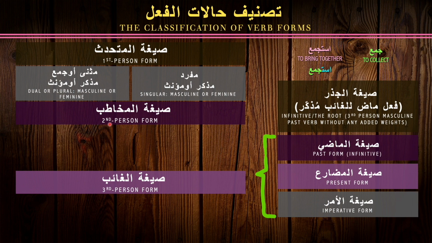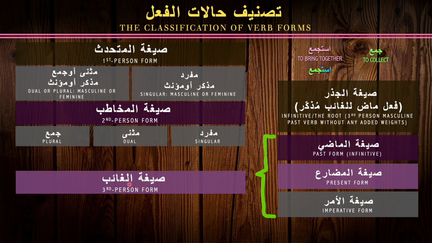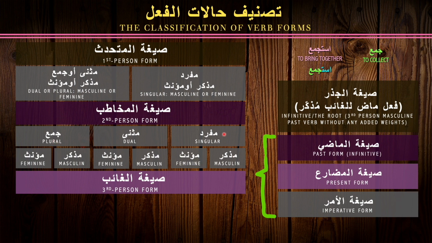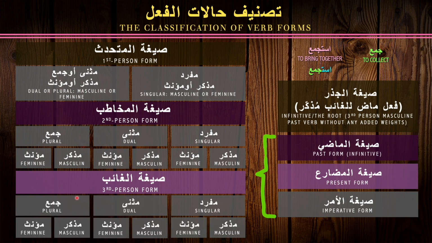For the second person and the third person, each has singular, dual, and plural. And under each of them we have feminine and masculine. So in total we have 6 classes for the second person form. The third person form is similar to the second person form. We have 6 classes under this subform.